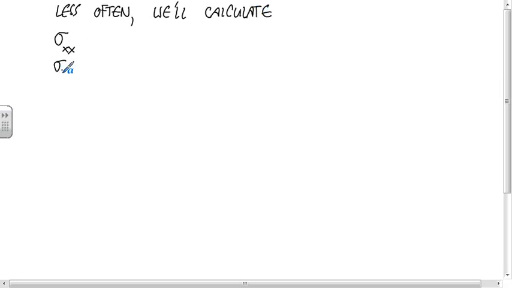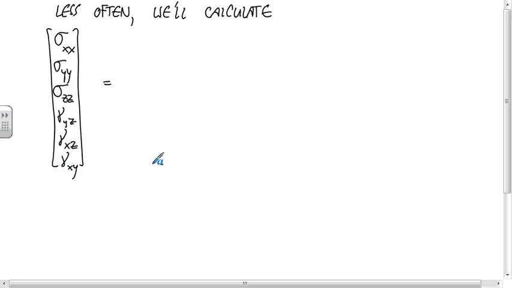You could also, so let me say less often, we'll use the calculation where the stresses are equal to a matrix times the strains.